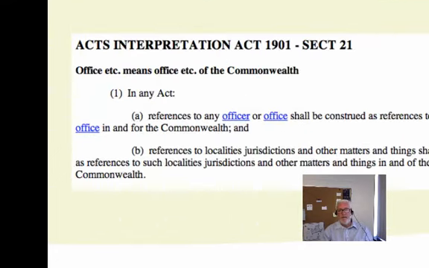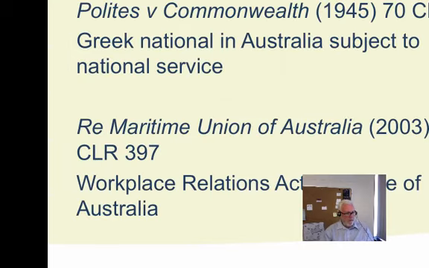The Commonwealth Act says this, and I think we've touched on this one before, that references to things in Commonwealth laws mean within the Commonwealth, so within this jurisdiction. Have a look at that section, section 21. Some great case examples. I won't bore you with the details, but do have a look at both of these, Polides and the Commonwealth and the Maritime Union case.